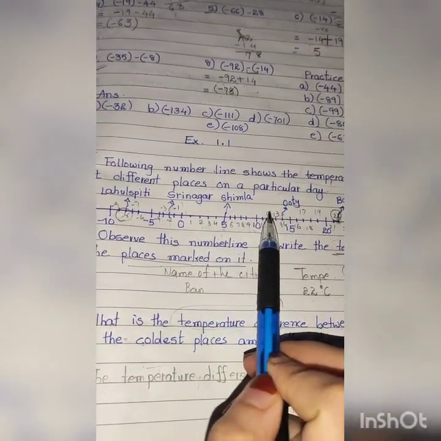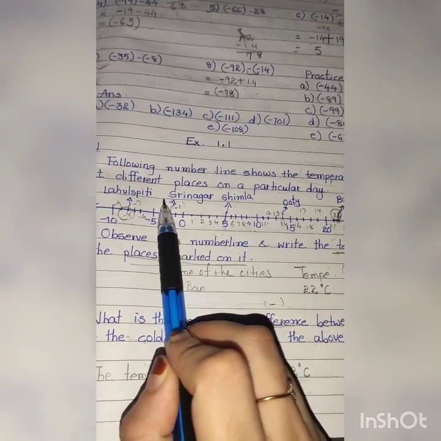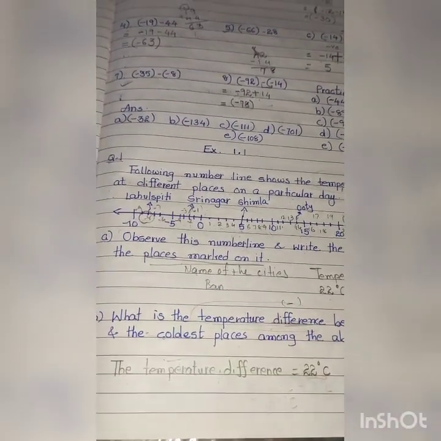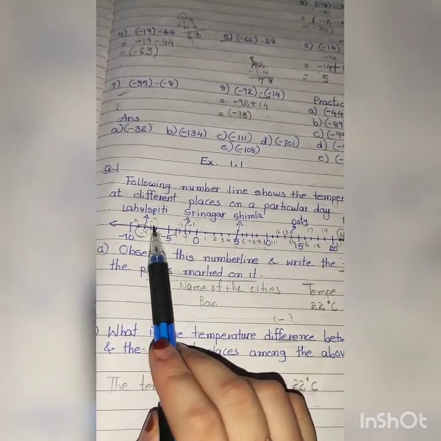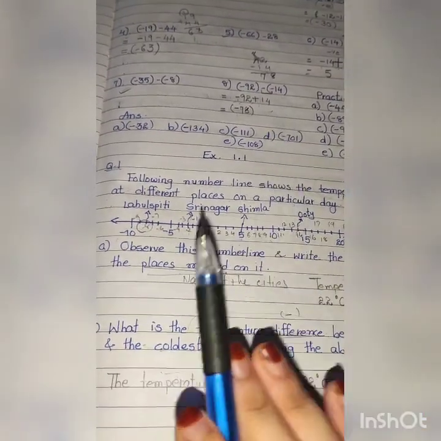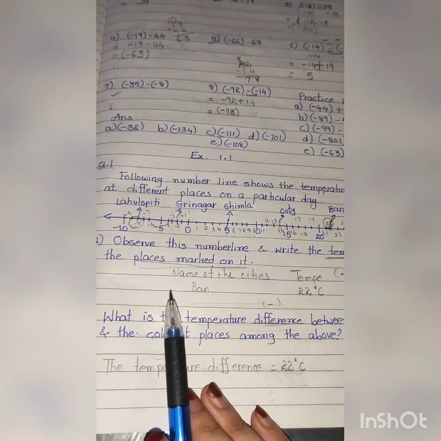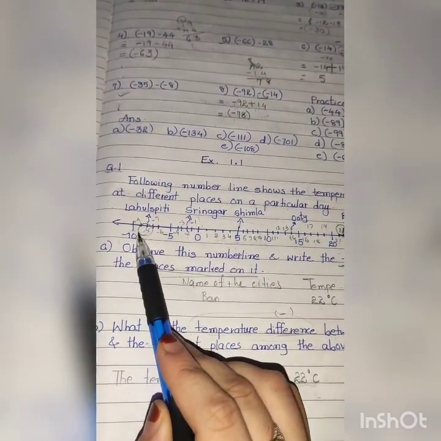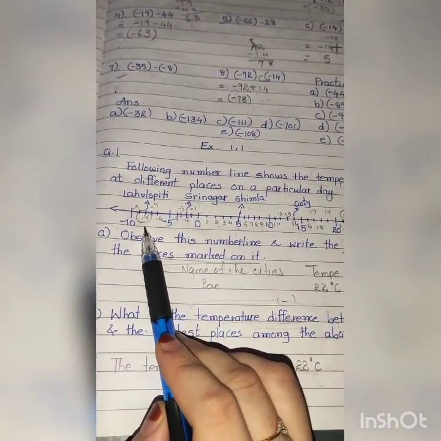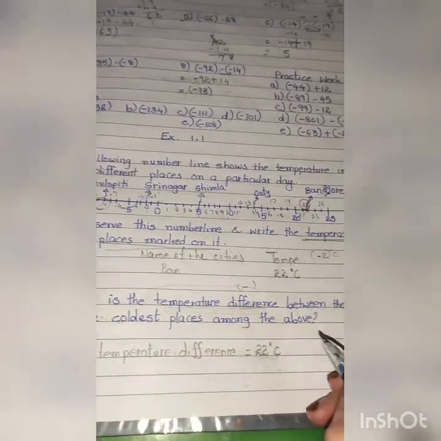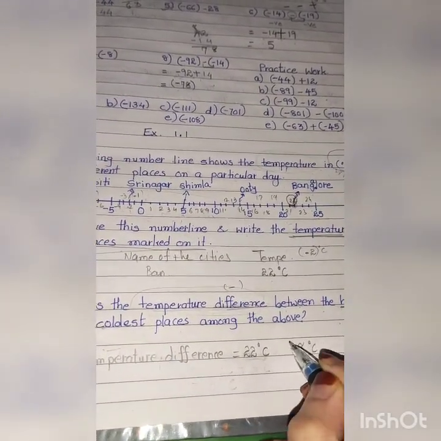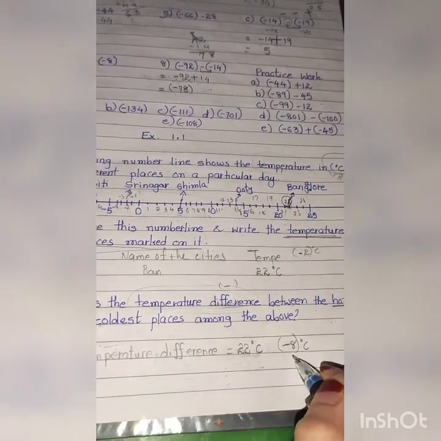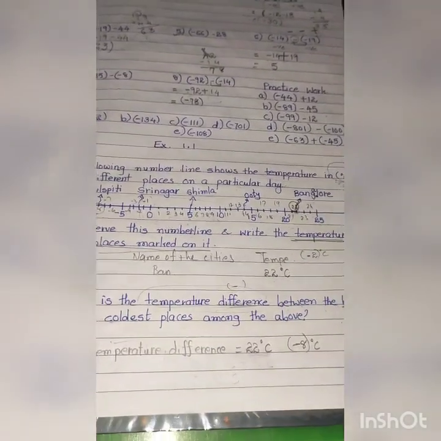Because as you move to the left on the number line, your number becomes smaller and smaller. So this is your last one and it is the lowest temperature, that is minus 8 degrees Celsius. This is your highest temperature, this is your lowest temperature.